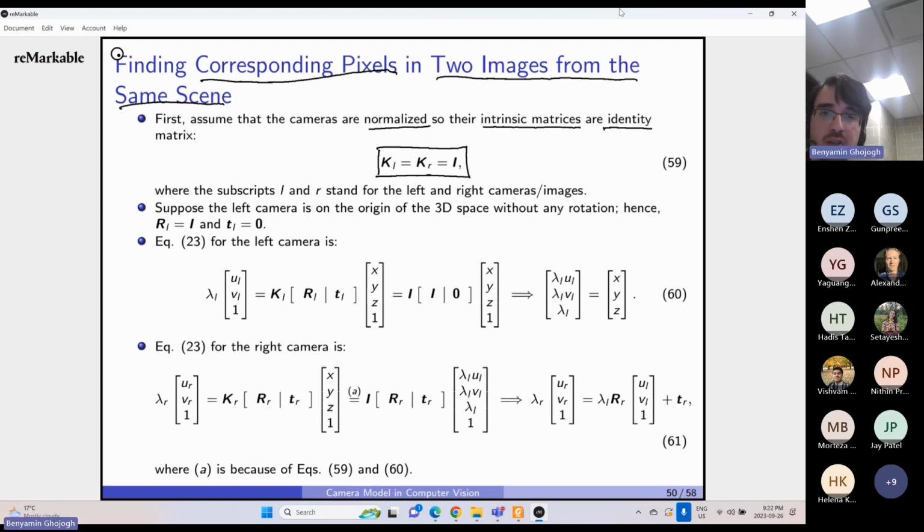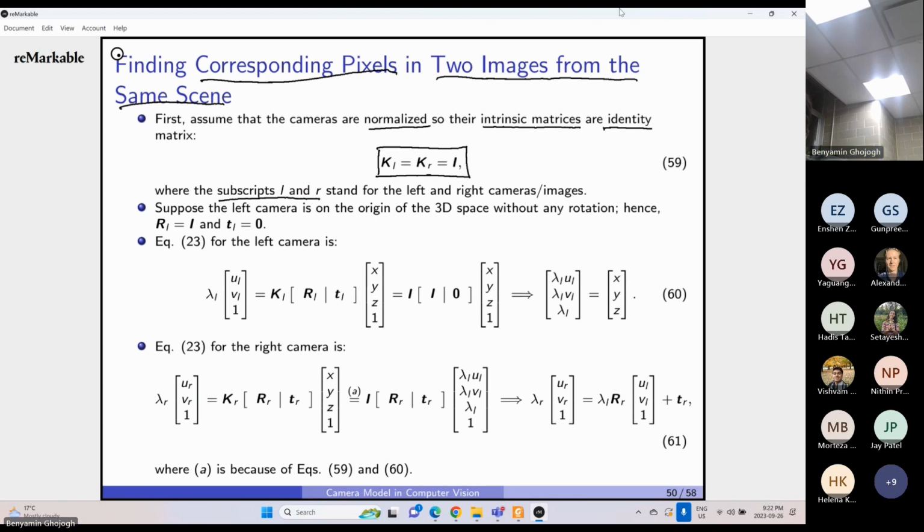So not only do we assume for now that their intrinsic matrices are equal, but also that they are identity. It means basically the cameras are normalized. Subscripts L and R stand for left and right cameras or images respectively.